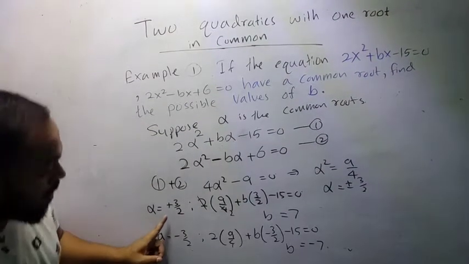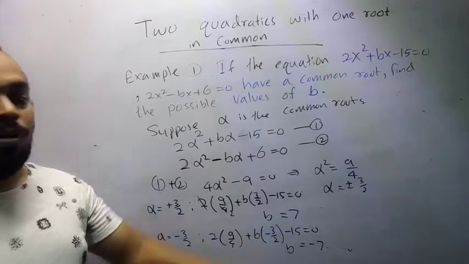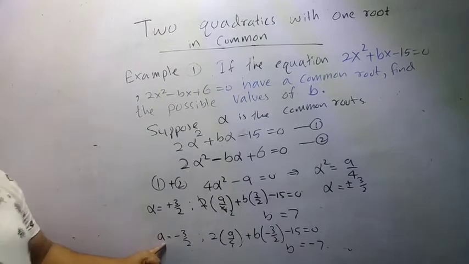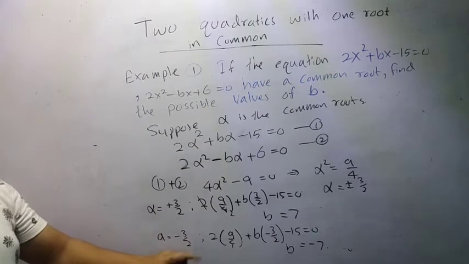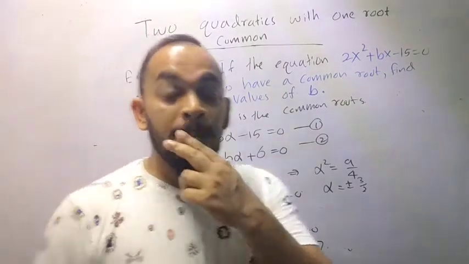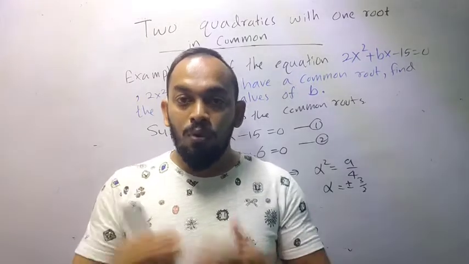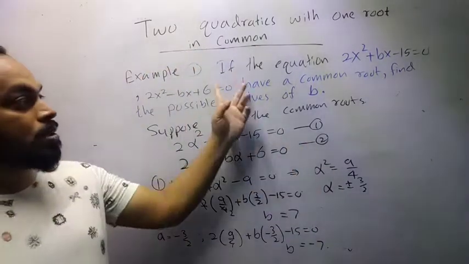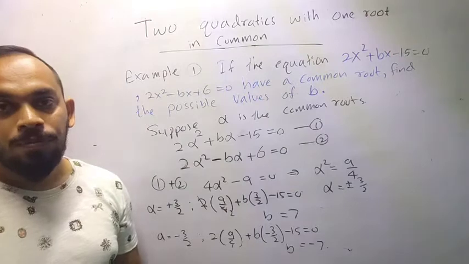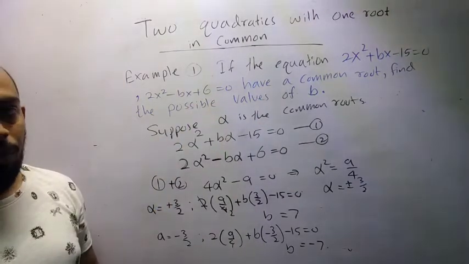When you substitute alpha equals plus 3 by 2, you get b equals 7. When you substitute alpha equals minus 3 by 2, you get b equals minus 7. So that means there are two values of b for which these two quadratic equations will have one root in common. For any other b values, they will not have any roots in common.